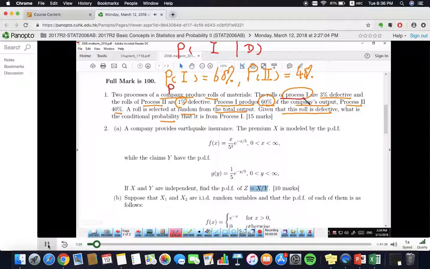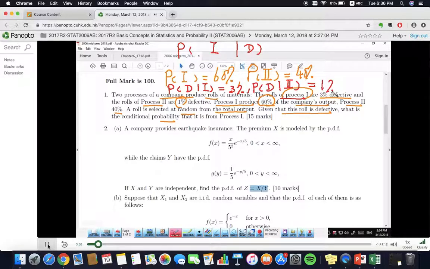In the first sentence, they told you that process 1 is 3% defective. So that means the probability of defective given I is equal to 3%. The other way around, the probability that it is defective given that it comes from process 2 is equal to 1%. So here are all the numbers, and we would like to find the corresponding conditional probabilities.